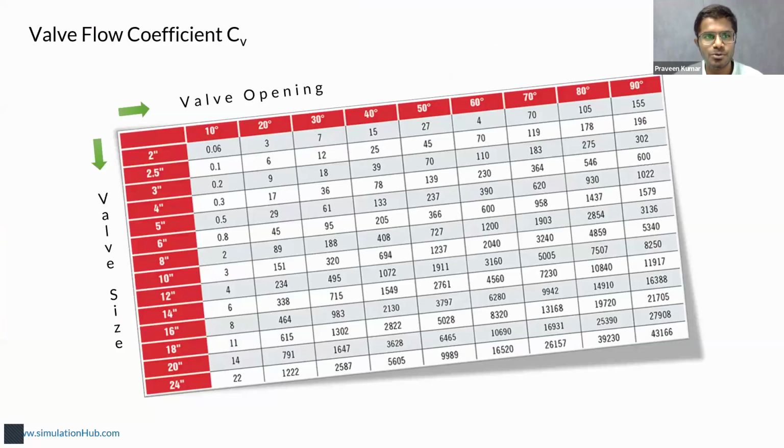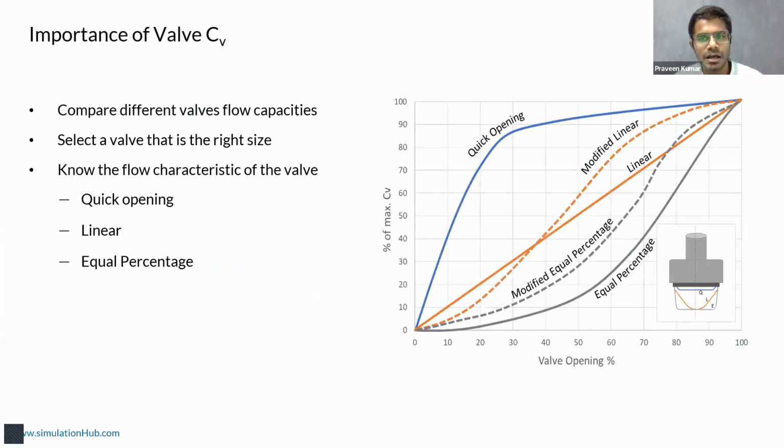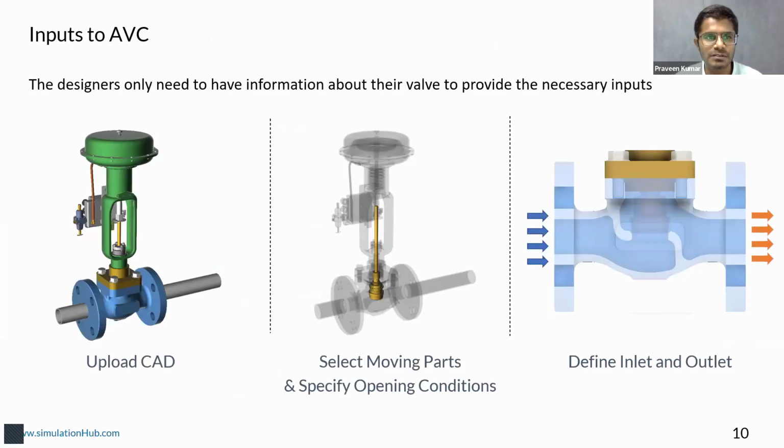Then we moved on to CV. What is CV and how it is calculated with different methods and formulas, and how it affects the flow characteristics, and what is the importance of CV, like what is quick opening, linear and equal percentage. So these things we discussed.